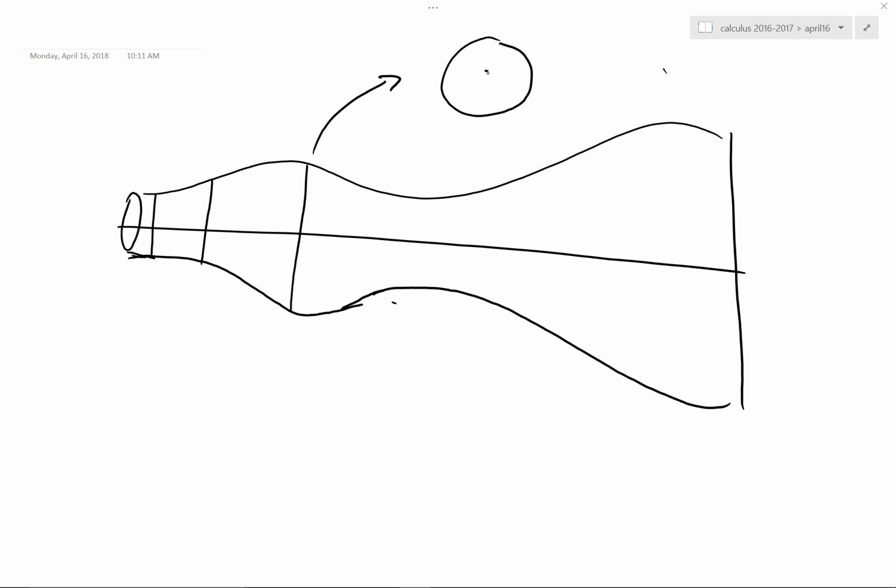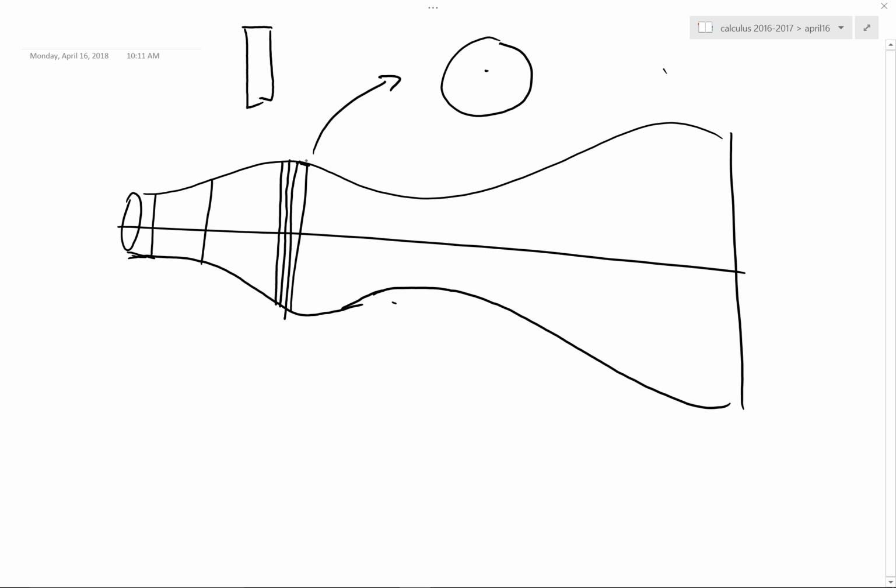Now here's a question for you. Mr. Groom, what if I chopped it into thinner and thinner little slices? If I chopped them really, really thin, wouldn't they be, in essence, cylinders? Well, it's slanted. Yeah, but I cut it so thin that there was almost no slant to that piece across there, yes?